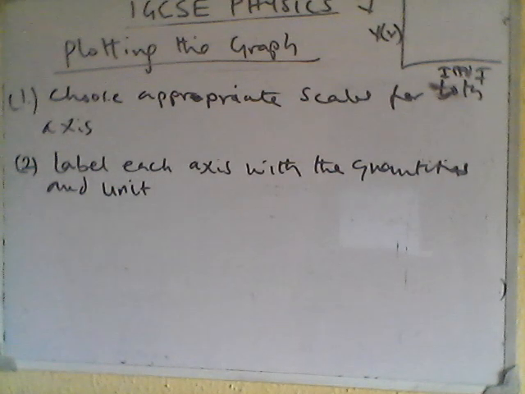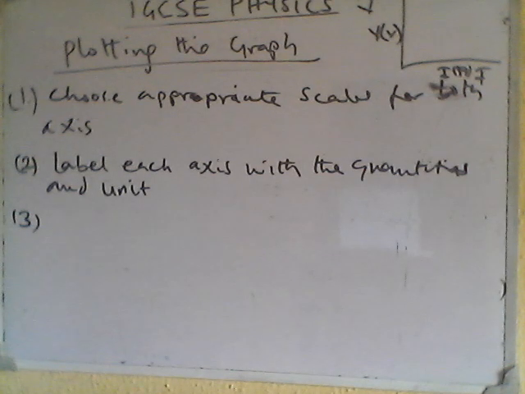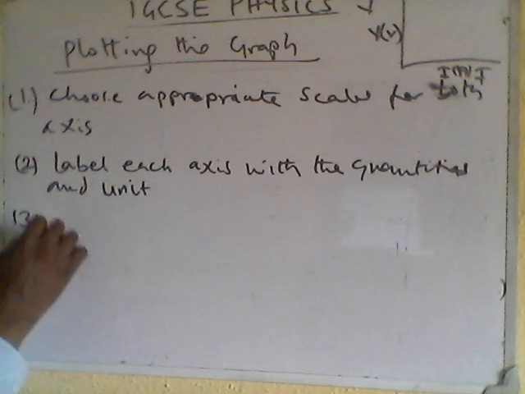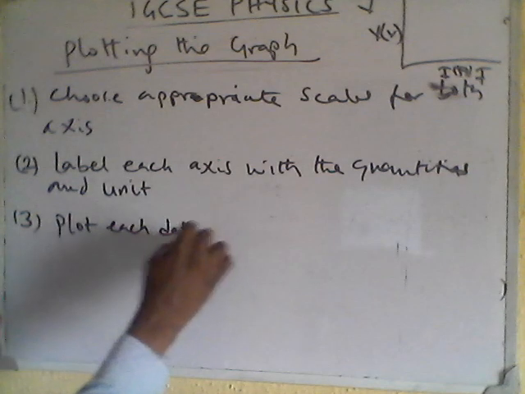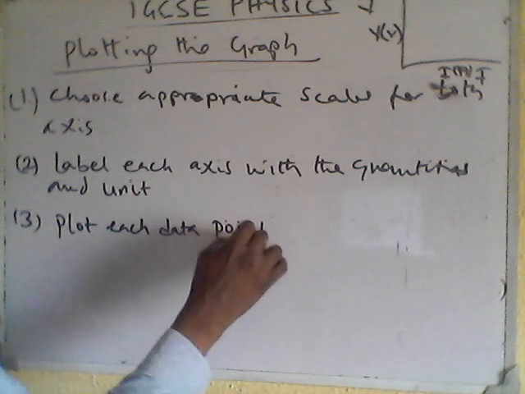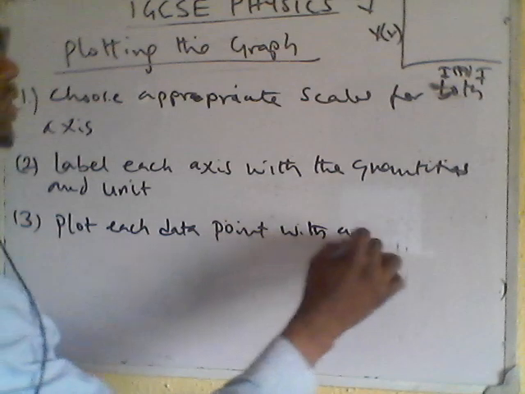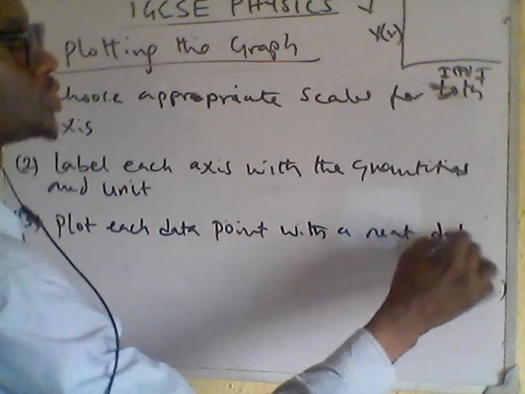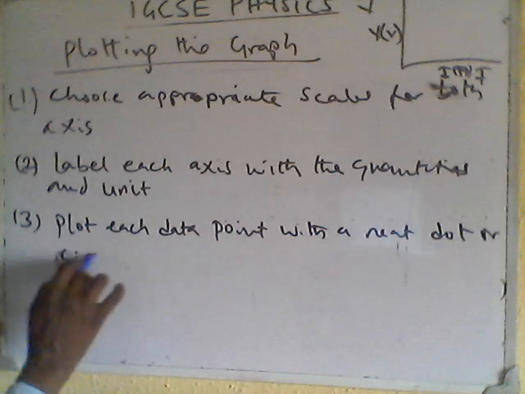Okay, so the third point that you should note is that you should plot each data point with a neat dot or small circle. What do I mean by that?